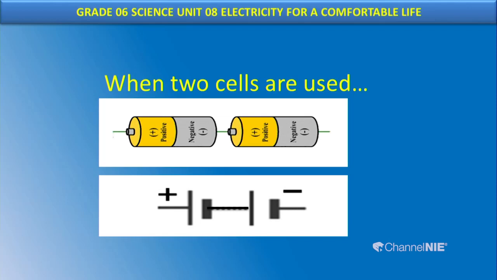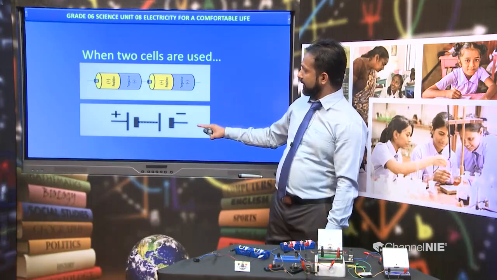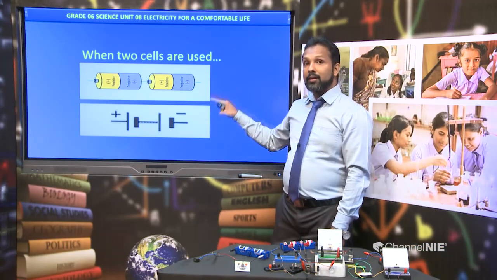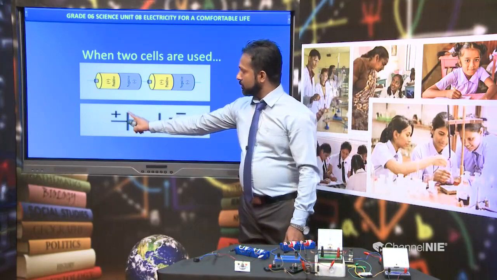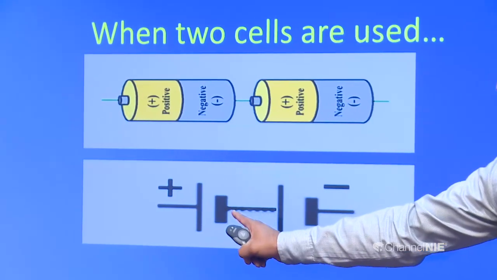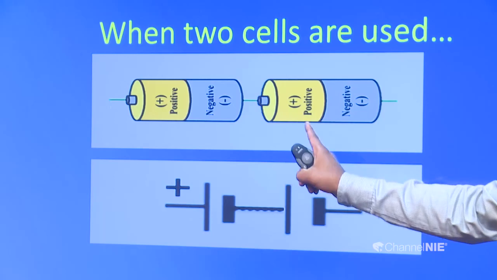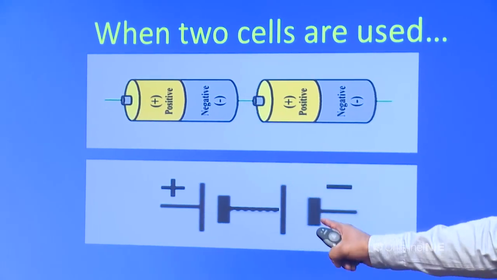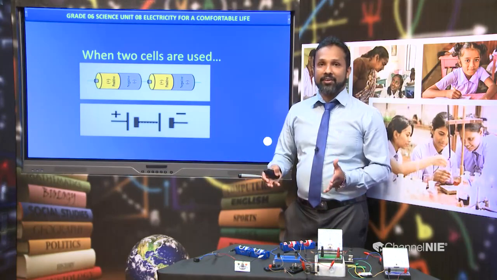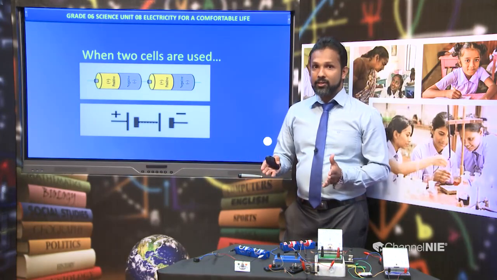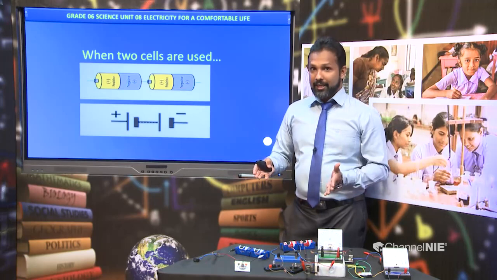When two dry cells are there, this is called a battery. The symbol of the battery can be represented in this way: positive terminal, negative terminal, short line, positive terminal, negative terminal. This is the symbol of a battery. A battery means two or more cells.